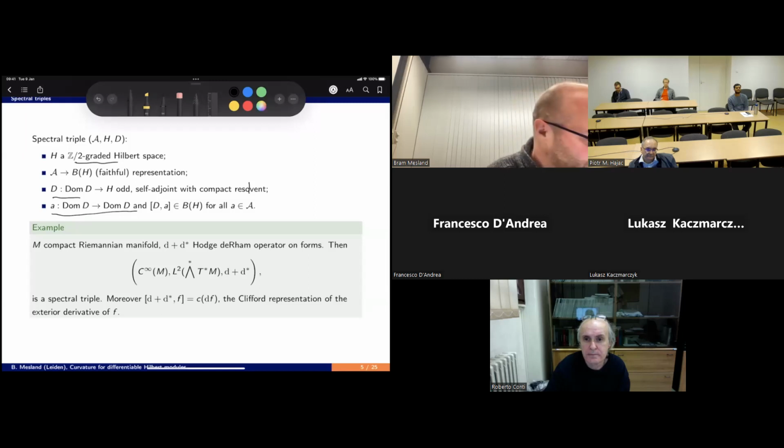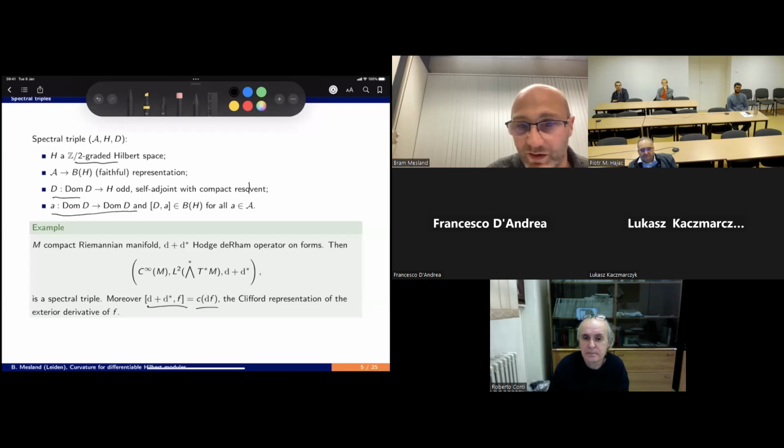And then the other important point is that in such geometric spectral triples, these commutators are closely related to the differential structure, because this spectral triple arises from what is called a Clifford module, and the commutator of d plus d star with a differentiable function f will be equal to the Clifford multiplication by the one form df.